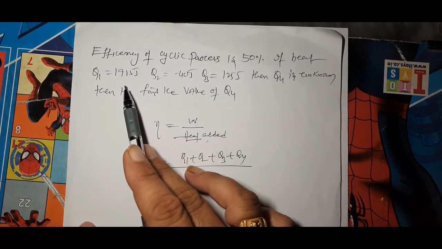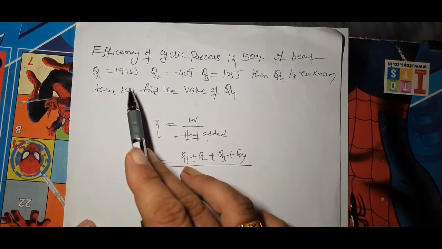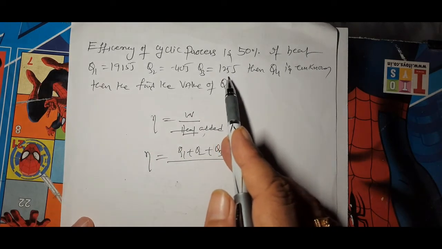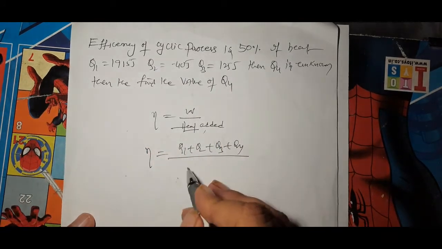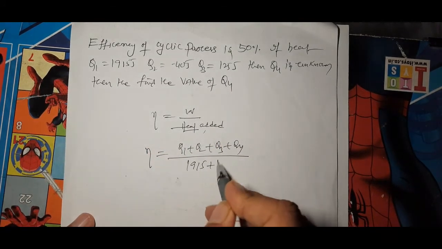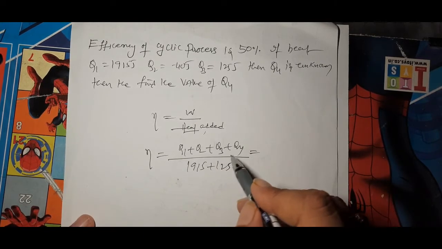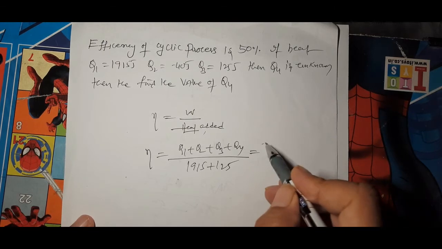Positive sign means heat is given to the system. Here the positive heats are 1915 joules and Q3 125 joules. So heat given to the system is equal to how much? 1915 plus 125.